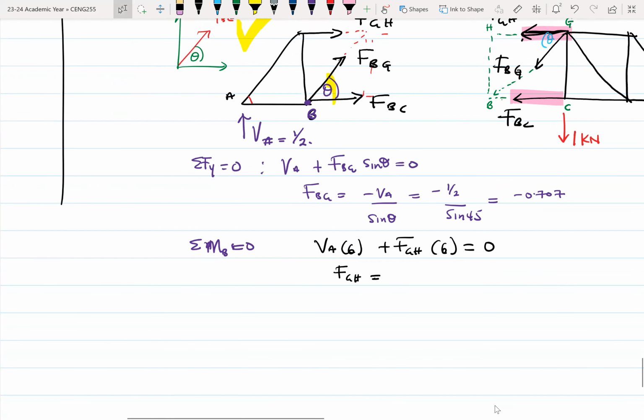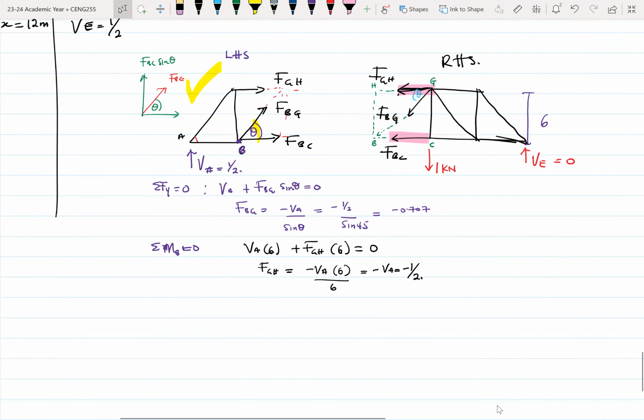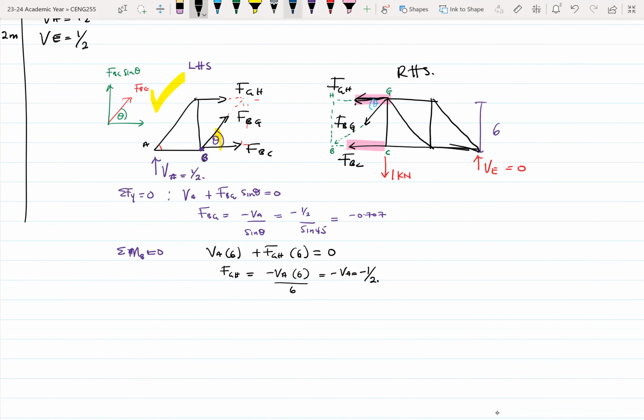Our FGH will be equal to minus VA times 6 over 6. So pretty much it's equal to minus VA, which is equal to minus half. So that's our FGH.